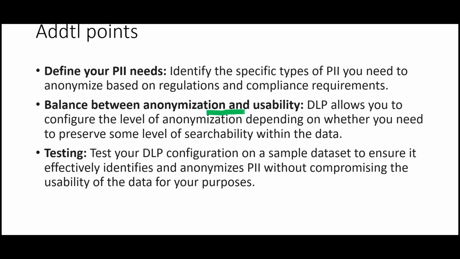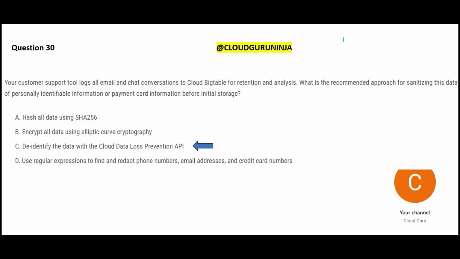Working means, does it anonymize PII, and it should not even compromise usability. Usability and security should go hand in hand. So this would be our final answer, option C, where we de-identify the data with Cloud Loss Prevention API.